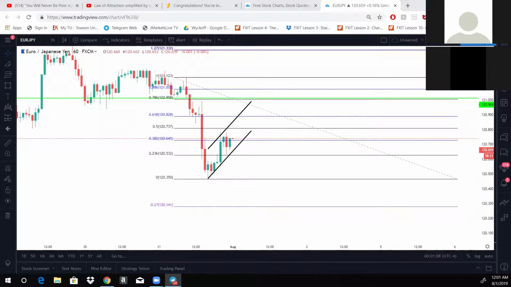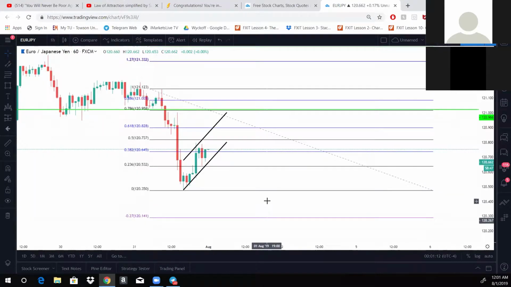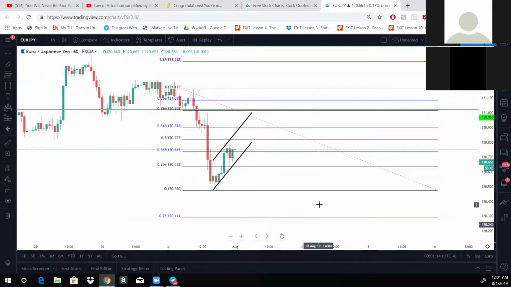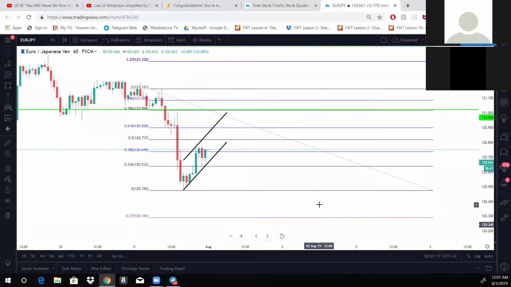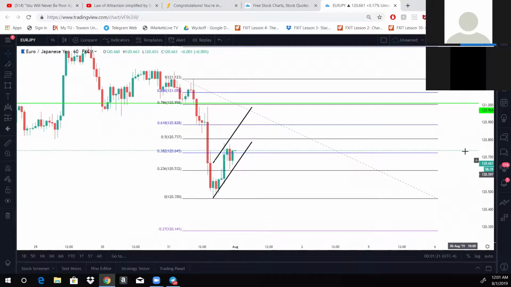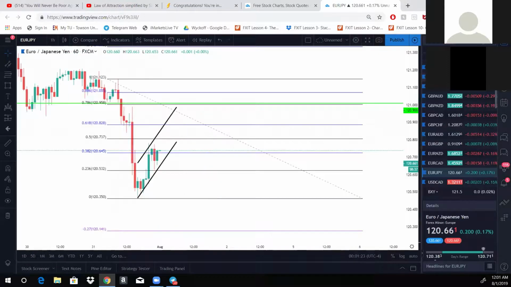Do we have any other pairs to take a look at? I just got the signal on GA. So let's see.